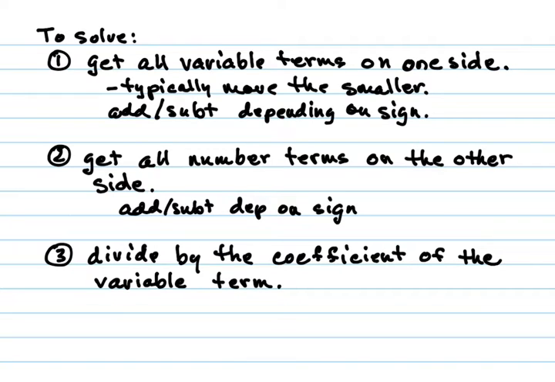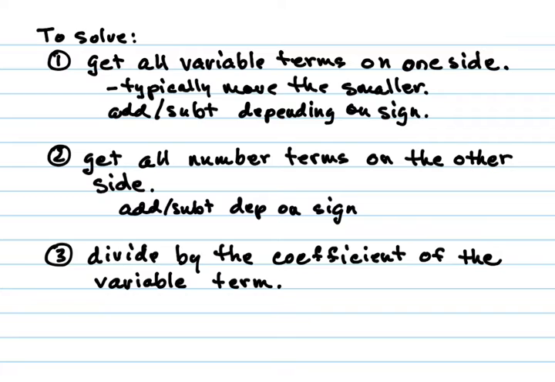Then divide by the coefficient of the variable term. Coefficient is just a word for multiplier, so if it's multiplied, the opposite of multiply is divide. And you can divide by whatever you need to, but if you divide one side by 5, then you have to divide the opposite side by 5. So remember, you have to make sure that you keep it equal or balanced. So whatever you do to one side, you have to do exactly the same thing to the other side.